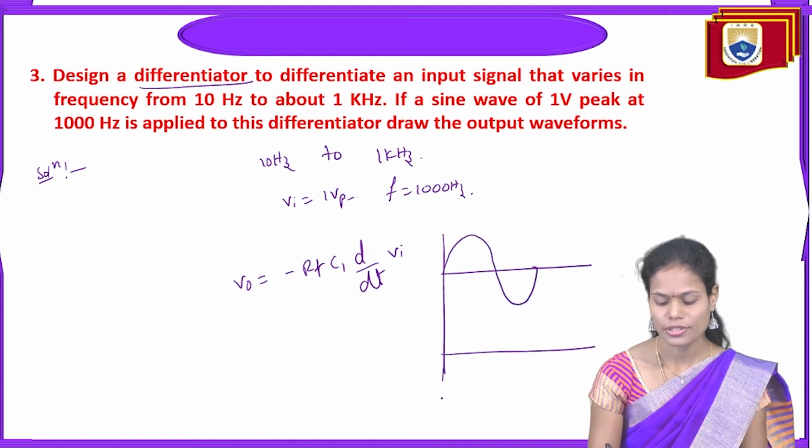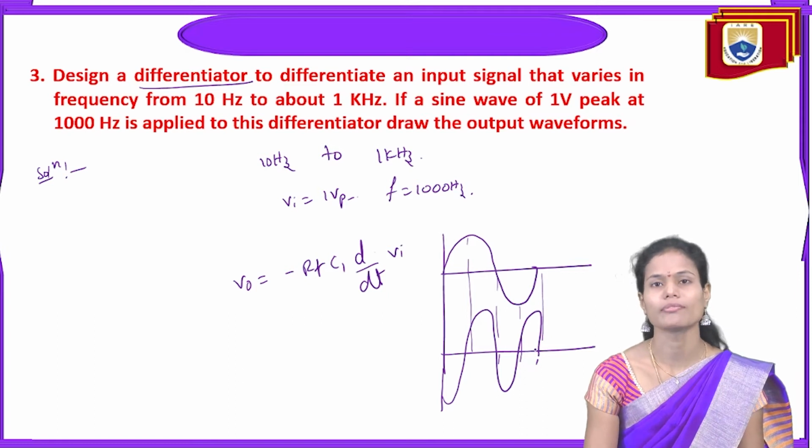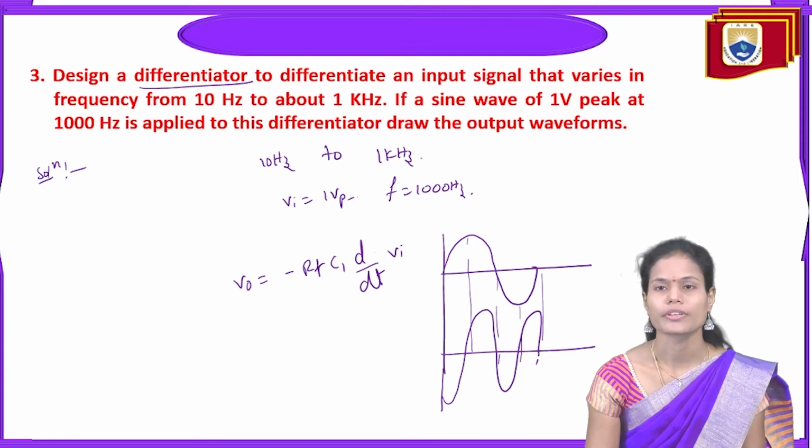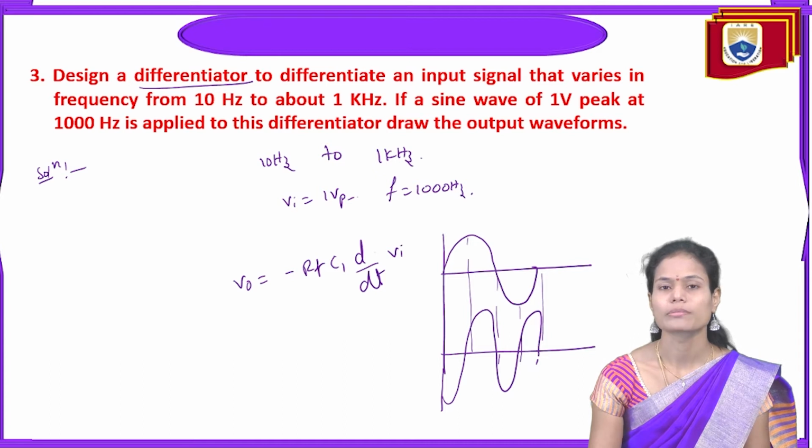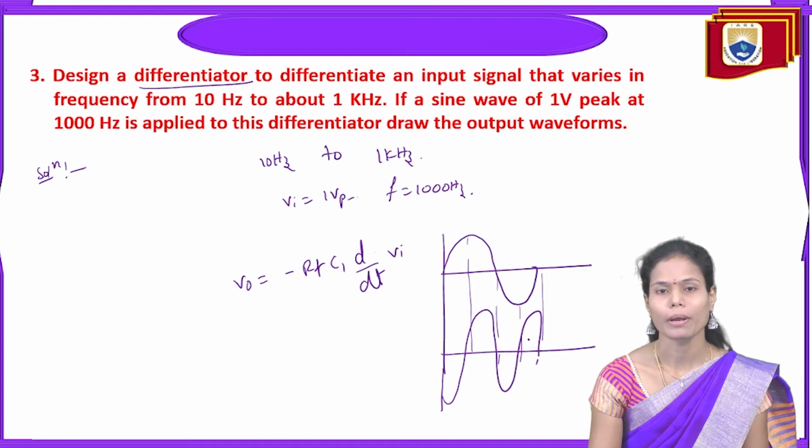After differentiation, we need to calculate what output signal we are going to get. The cosinusoidal signal again we will get from the differentiator. Each and every step we have to explain and derive clearly here. This problem we have already discussed in the problems on op-amp differentiator session.